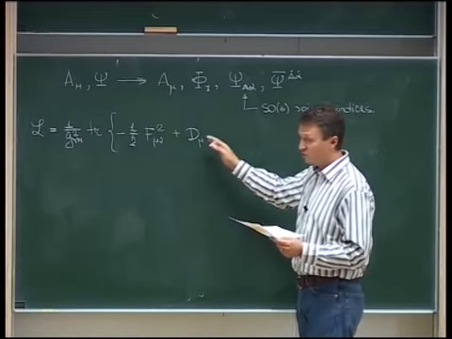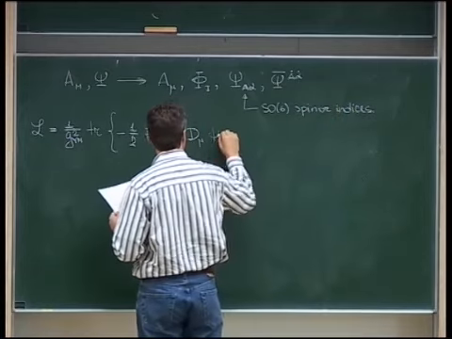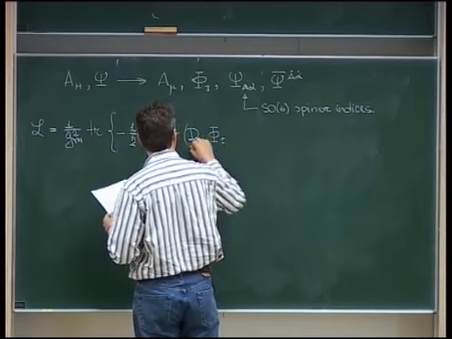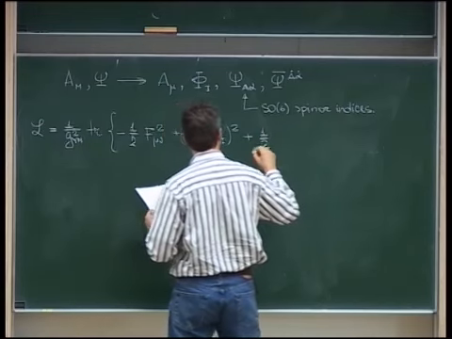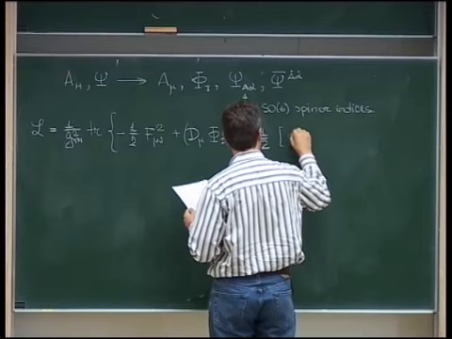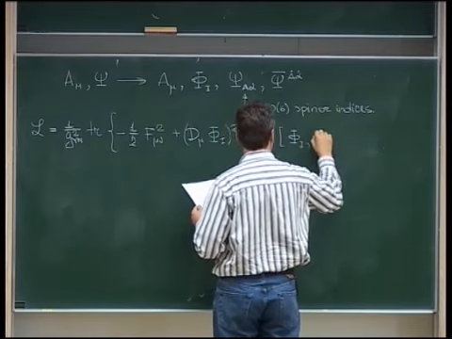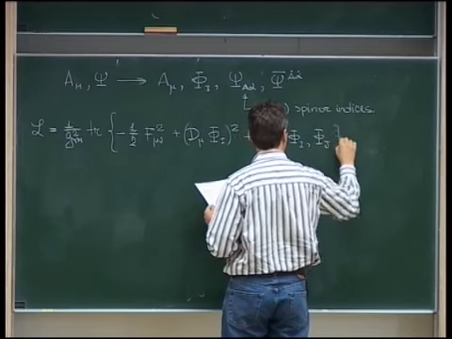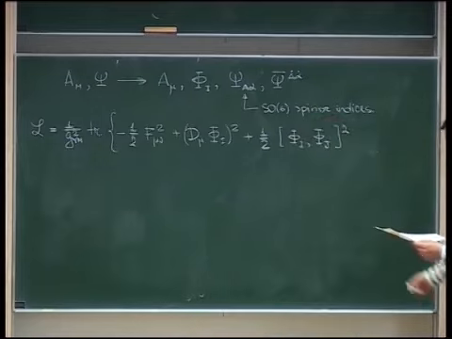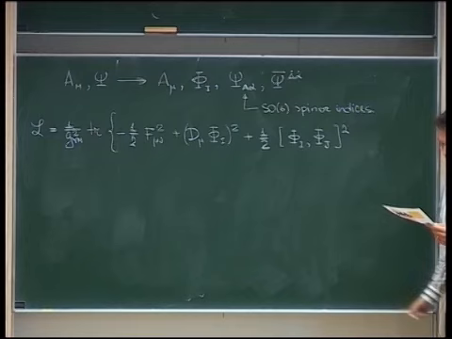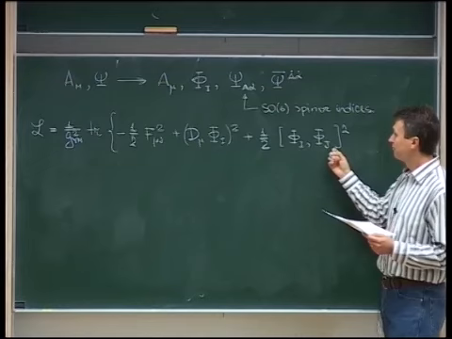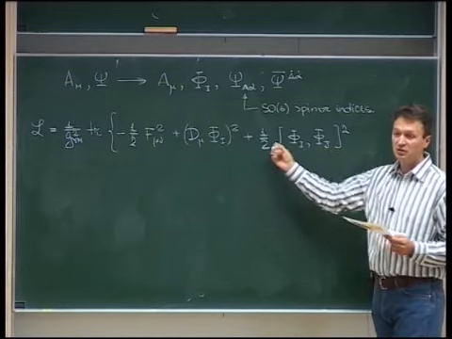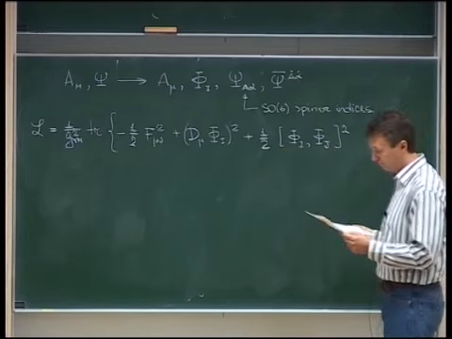So 4 cross 6 components become the kinetic term for scalar fields, and 6 cross 6 components describe quartic interactions among them. This is a very specific form of scalar-scalar interaction that is prescribed by supersymmetry. So this action is unique in the sense that we cannot adjust any coefficient here. That would break supersymmetry.